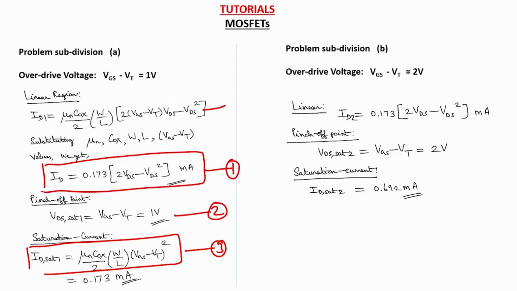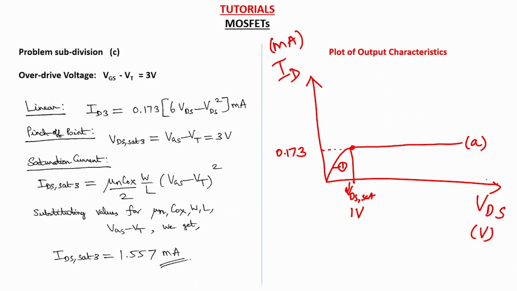For subdivision B of the problem, again you take the other gate overdrive voltages and find the linear region equation, and also find the pinch off point and the saturation current value. So let's plot for subdivision B here. Sorry if I am not drawing it to scale.